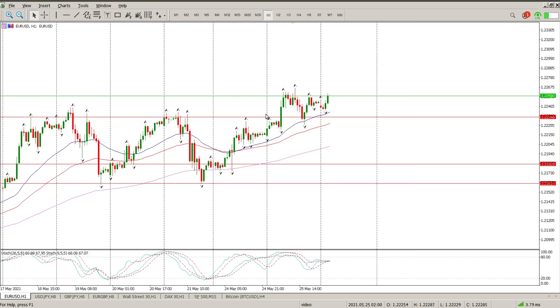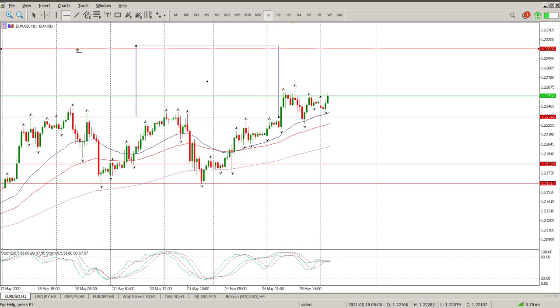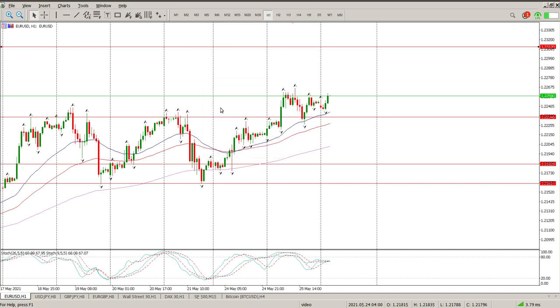So the next step is we are looking for a measured move of this proportion, and that takes us to 1.2312. So 1.2312 is the next logical step up, and there will be a smaller move as well.